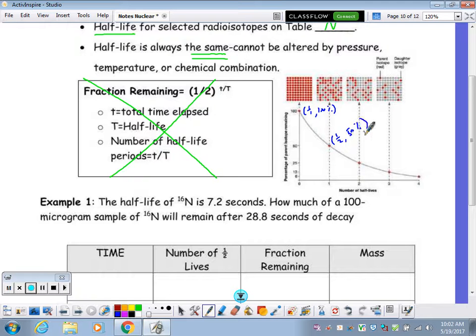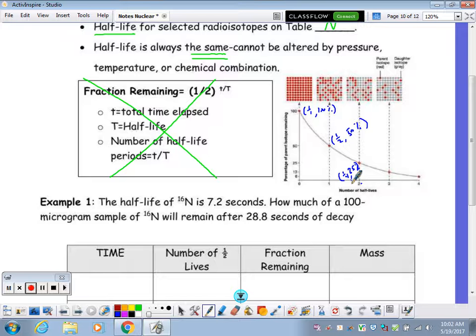These values never change. At the end of my second half-life cycle, I've gone from 50% to now only 25% remains radioactive, or 1/4 of the original sample is still radioactive.